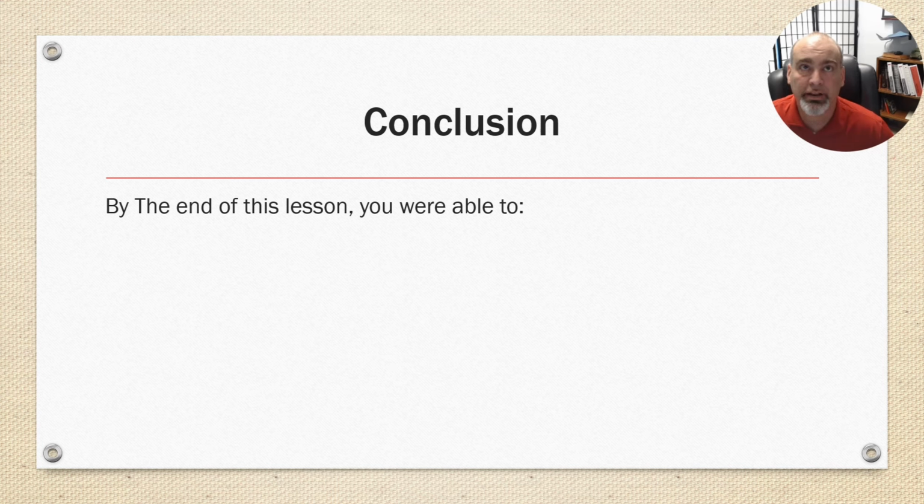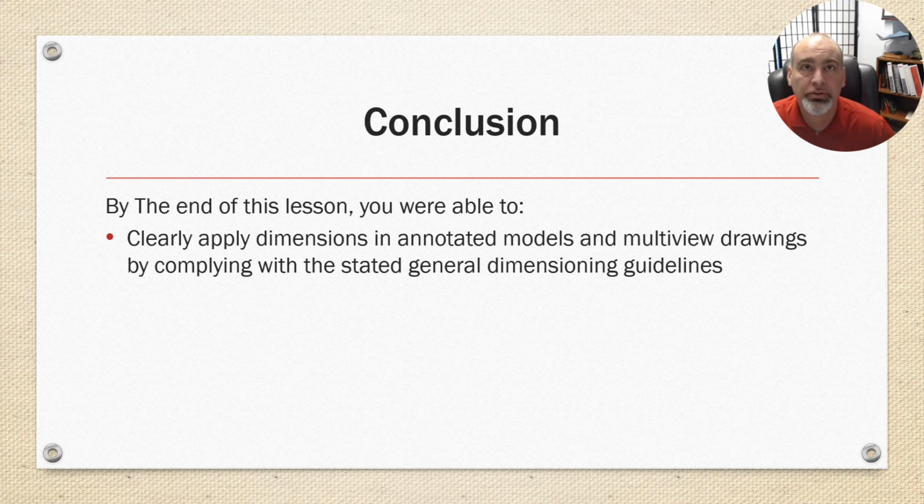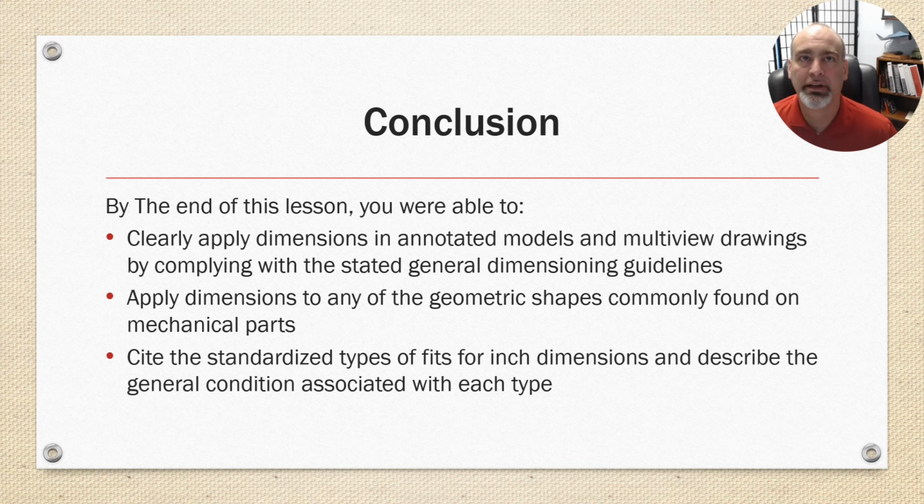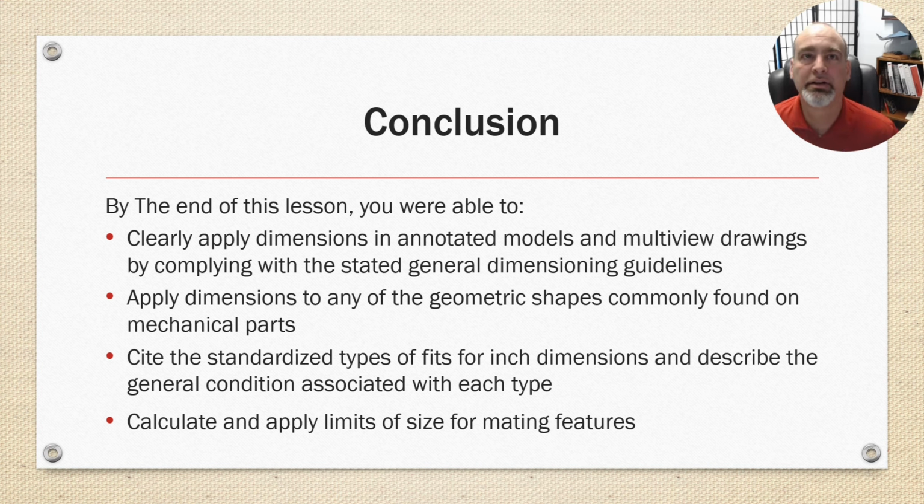In conclusion, by the end of this lesson, you were able to clearly apply dimensions in annotated models and multi-view drawings by complying with the stated general dimension guidelines. Apply dimensions to any of the geometric shapes commonly found on mechanical parts, and cite the standardized types of fits for inch dimensions and describe the general condition associated with each type, and calculate and apply limits of size for mating features.